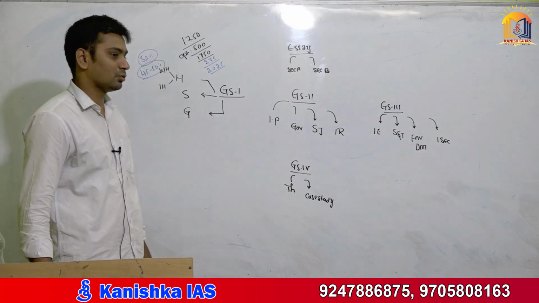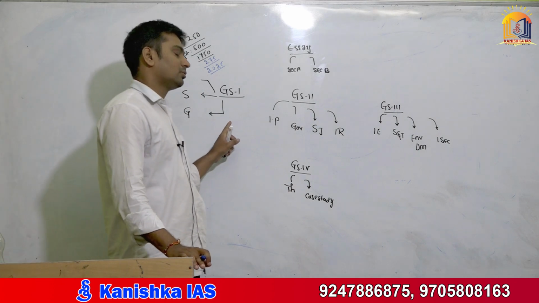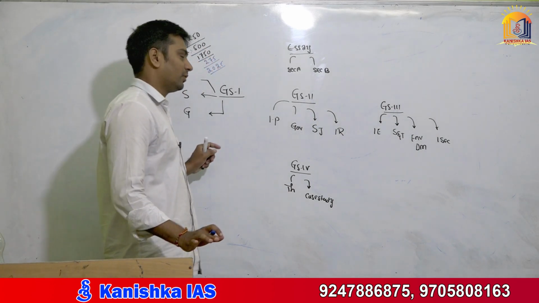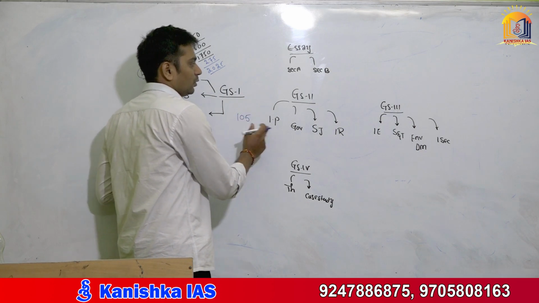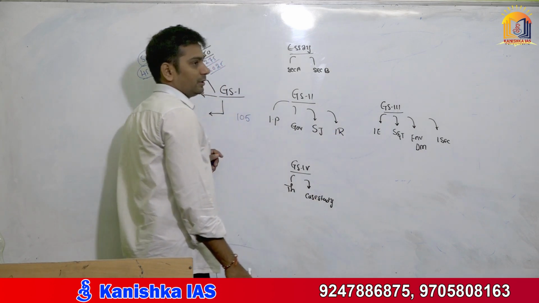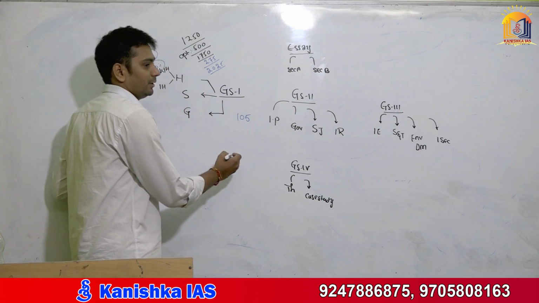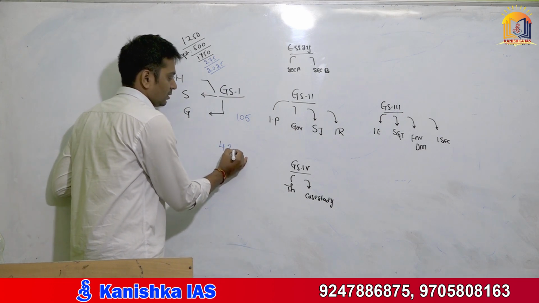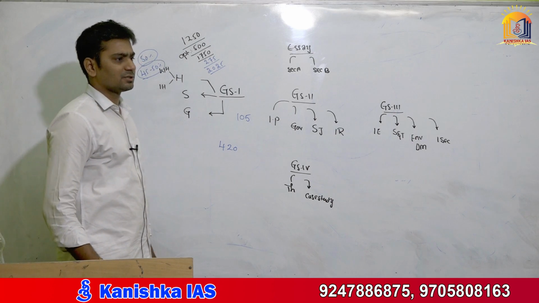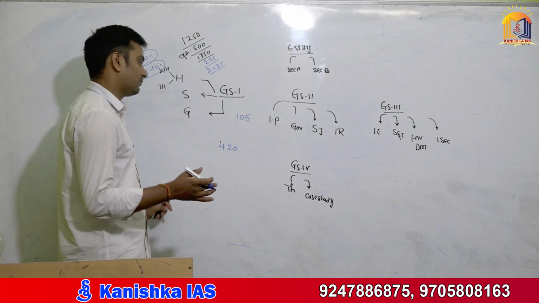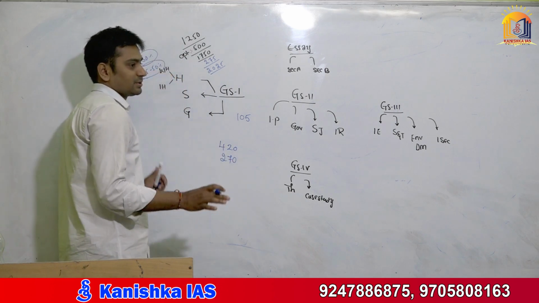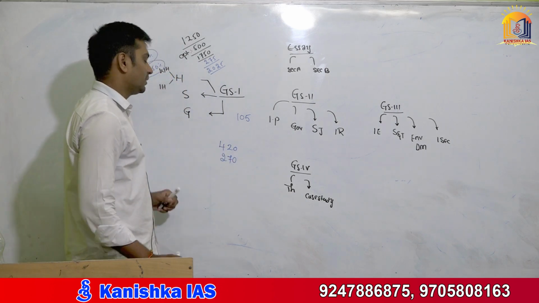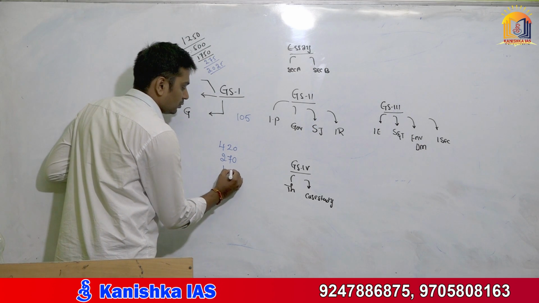In order to get that, maximum marks have to be scored here. Each paper at least 105. If you are keeping a target of 105 in each of the 4 papers, you will get around 420 here. In optional, at any cost, the least score that you have to get is 270. Essay writing, you have to get at least 125.